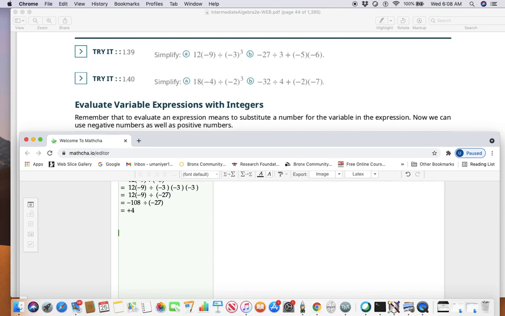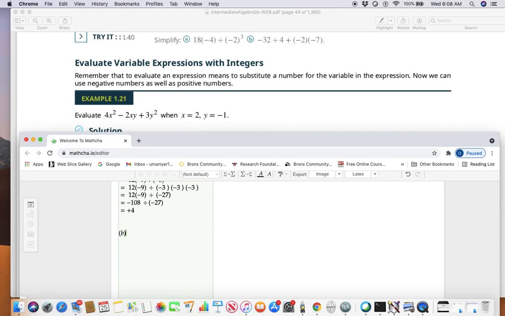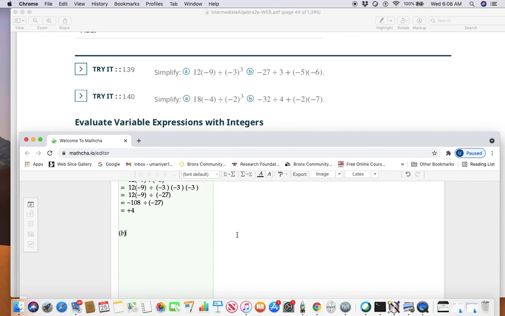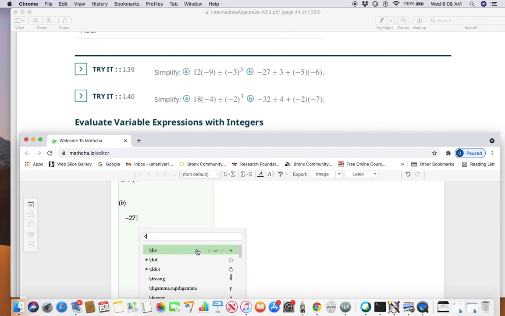Let's try B part. Negative 27 divided by 3 plus (-5)(-6) equals. Division and multiplication.